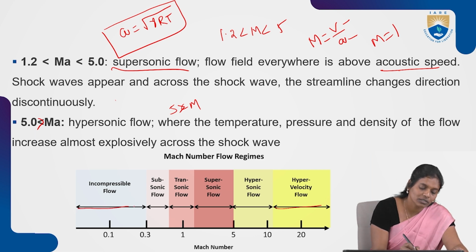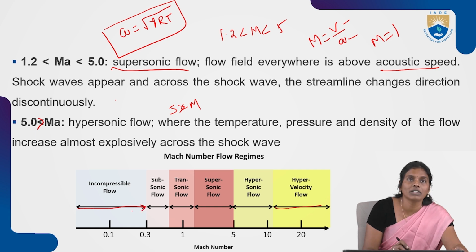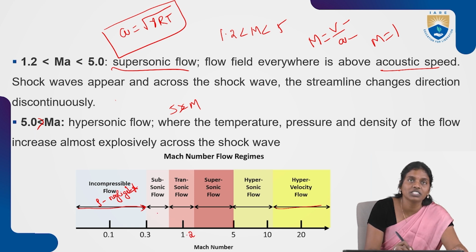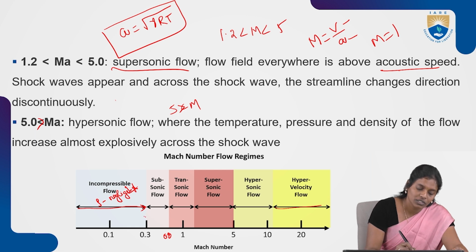So for Mach number less than 0.3, we will be calling it incompressible flow, where d rho is negligible. Then 0.3 to 0.8 is the subsonic flow condition, where the density effects will be considered.